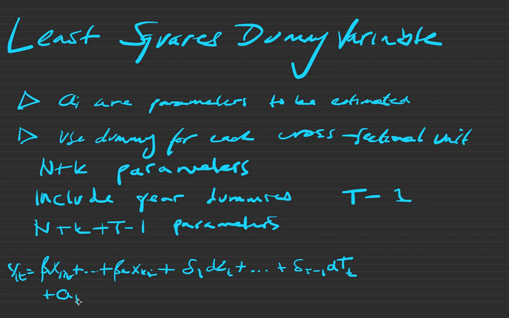So we have a_1 gamma 1, where gamma 1 equals 1 if the observation corresponds to cross-sectional unit 1, and 0 otherwise, through a_n gamma n.